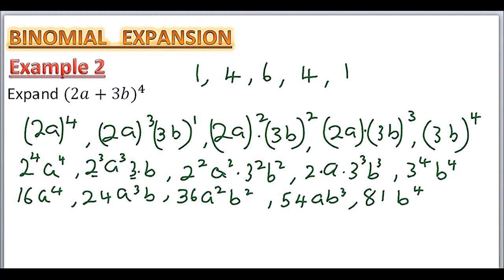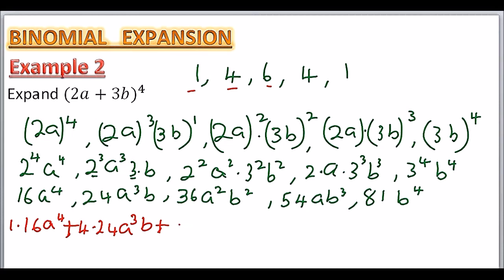So the first coefficient is 1, so we say it is 1 multiplied by 16 a to power 4. Then the next coefficient is 4, so we say 4 multiplied by 24, then we have a cubed b. The next coefficient is 6, so that is plus.